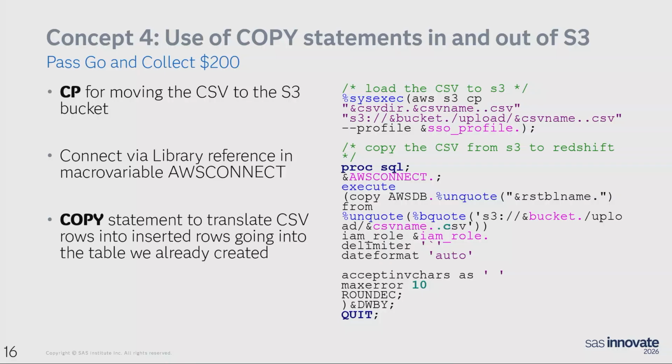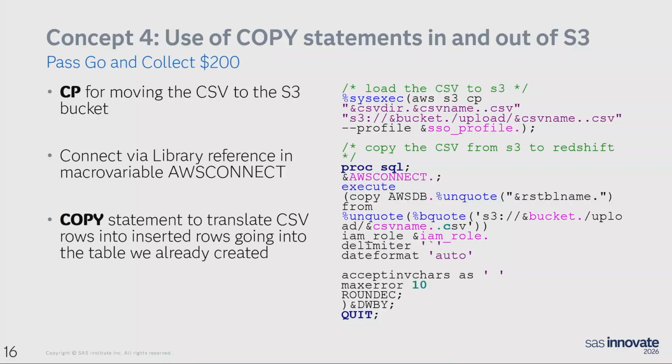Next, we'll connect to Redshift using the library reference we previously set up using libname references and utilizing pass-through SQL syntax to run this natively on Redshift. A copy statement will insert the rows from the CSV located in the S3 bucket to the table we created on the Redshift server.